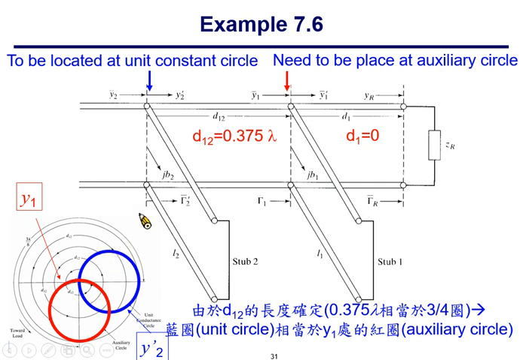So the blue circle, the unit conductance circle, stands for the conductance you should have at Y2 prime, the real part of Y2 prime. If we look backward, moving toward the load, the locus formed by the unit conductance circle rotates 3/4 of a circle into the red one.